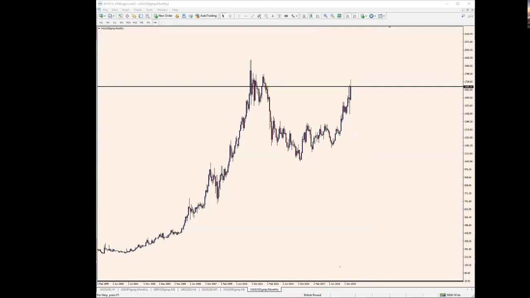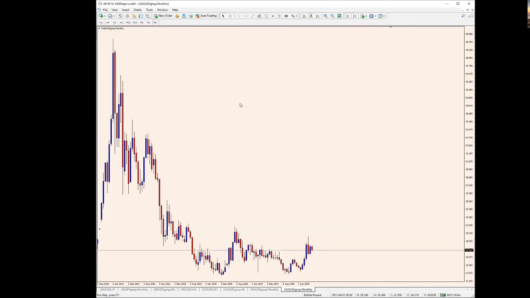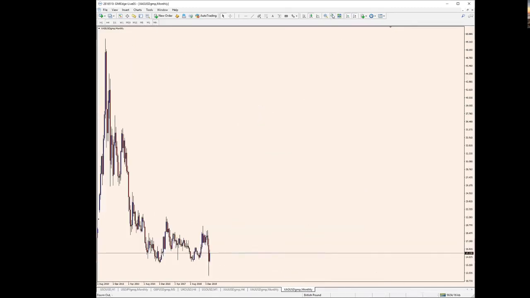Now let's look at silver. Where is the ground zero? Again, the exact same price, 000.